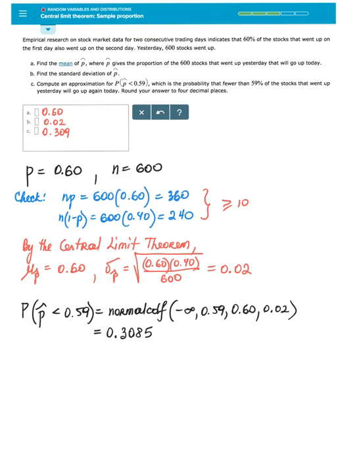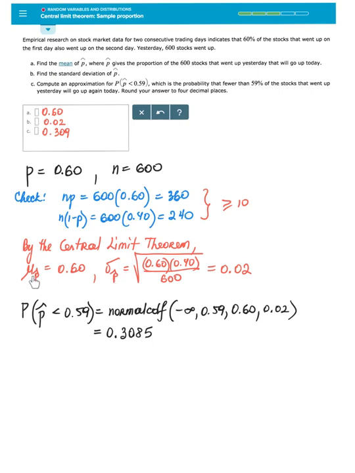According to the central limit theorem, we must satisfy 2 conditions, and they are the following. The products np and n times 1 minus p must be at least 10 or more, which I check and I'm definitely in the clear. Therefore, I now need to compute the mean of sample proportions and the standard deviation of sample proportions.